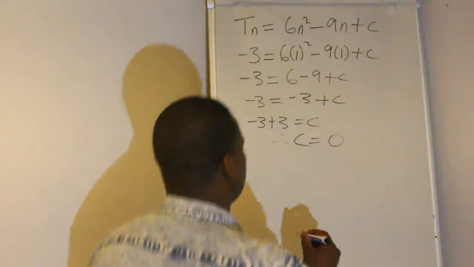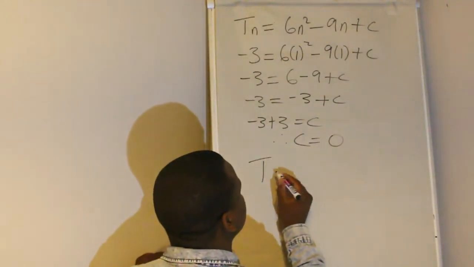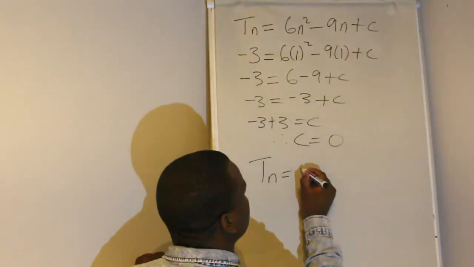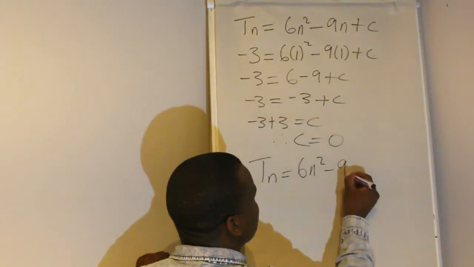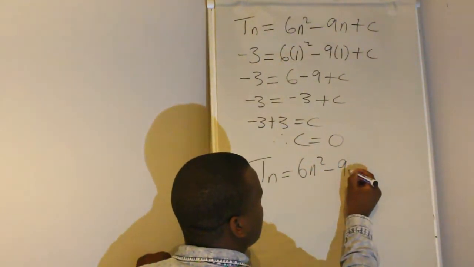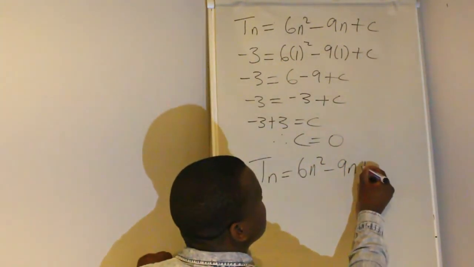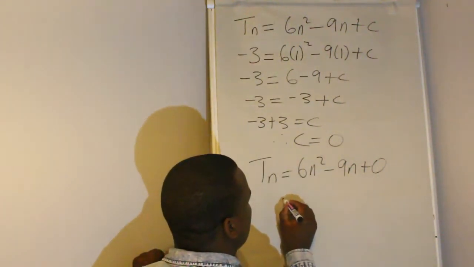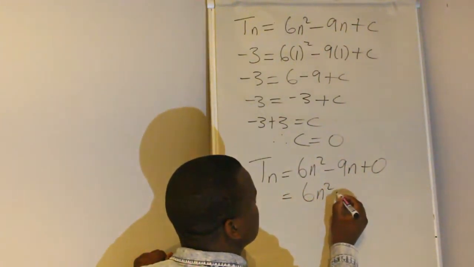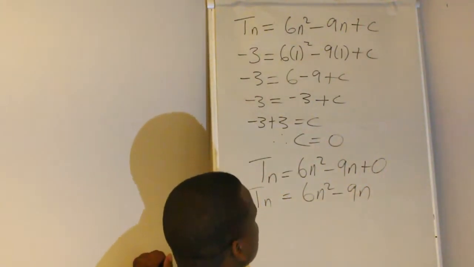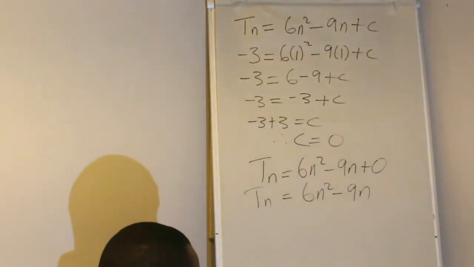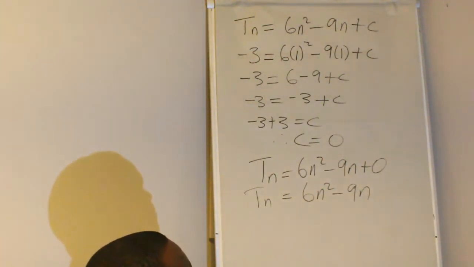So your general term for this sequence is Tn is equal to 6n squared minus 9n plus 0, or just 6n squared minus 9n. That is your Tn here. You can test whether this equation is correct by taking any of the terms.